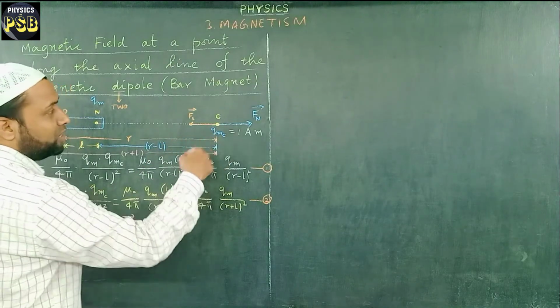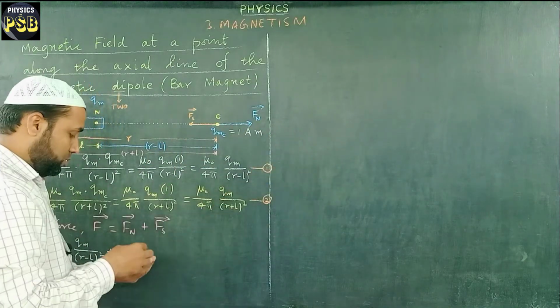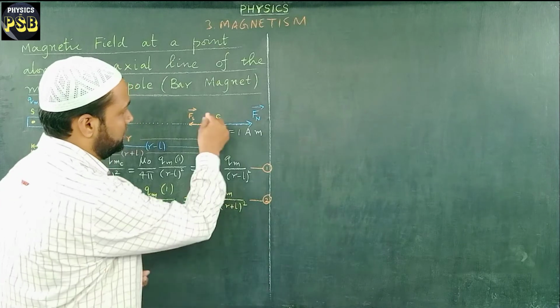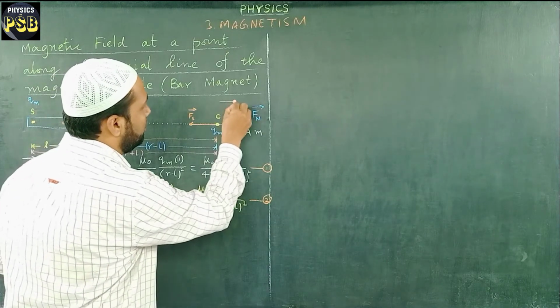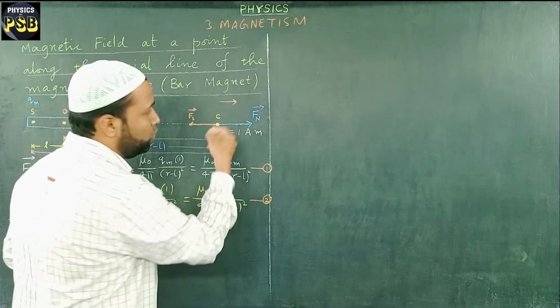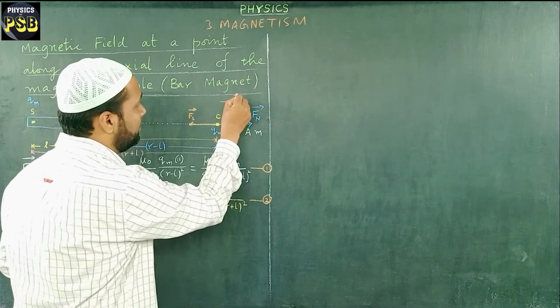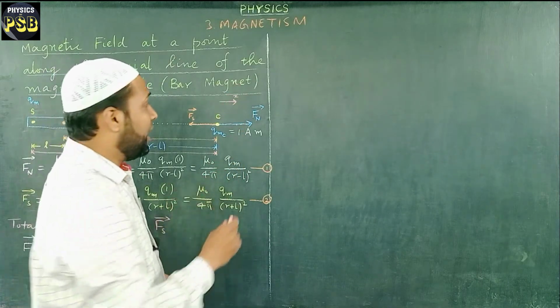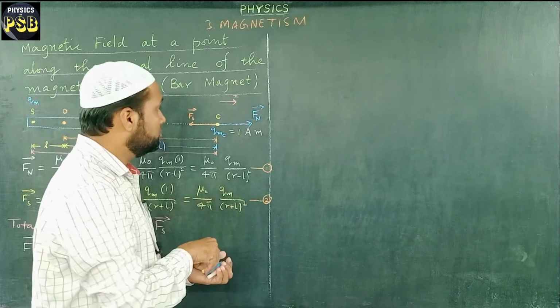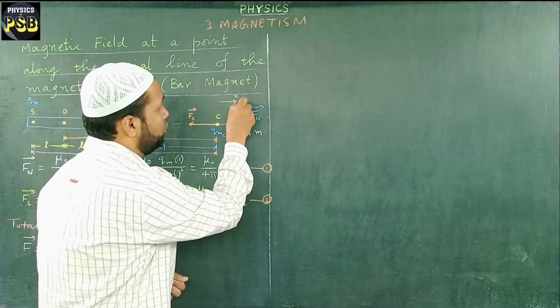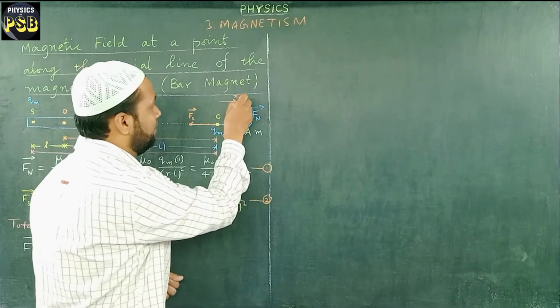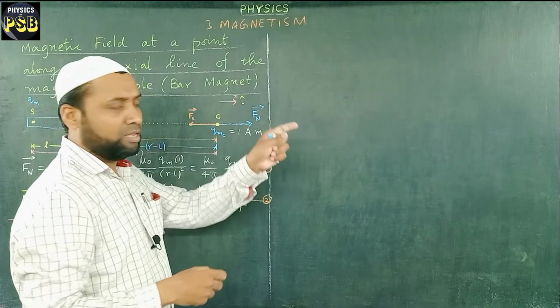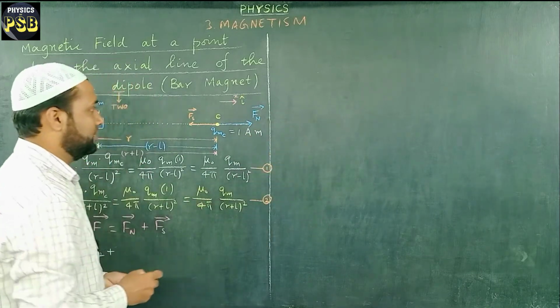Now it is towards the right side. Now it is along the x-axis. The force is along the x-axis. When the force is taken along the x-axis, we have a unit vector I cap. I cap is used to represent the direction along the x-axis.